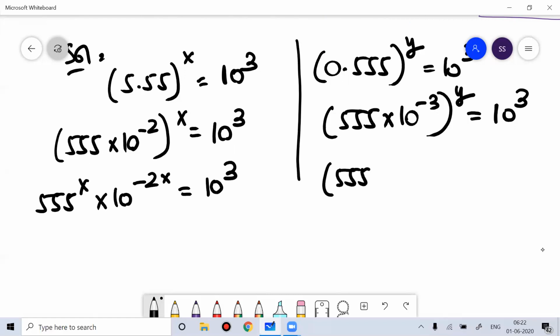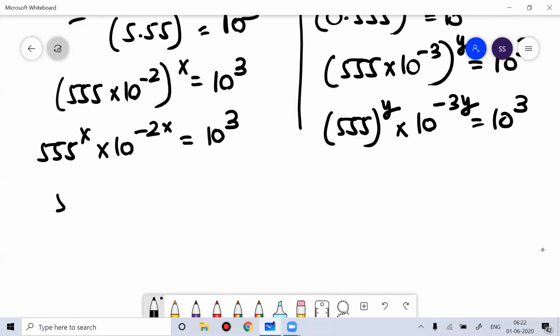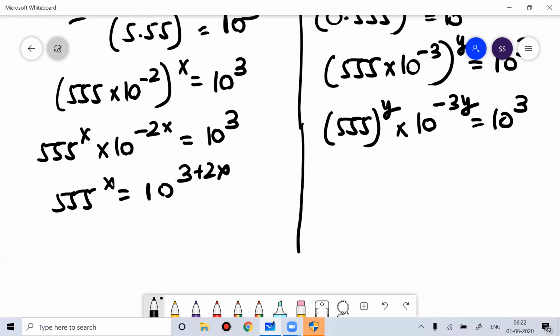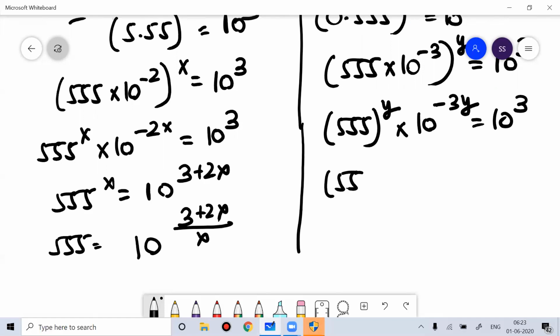This is 555 to the power y into 10 to the power minus 3y equal to 10 to the power 3. So I can write 555 to the power x is equal to 10 to the power 3 plus 2x. So 555 is equal to 10 to the power 3 plus 2x divided by x. And here I can write 555 to the power y is equal to 10 to the power 3 plus 3y.